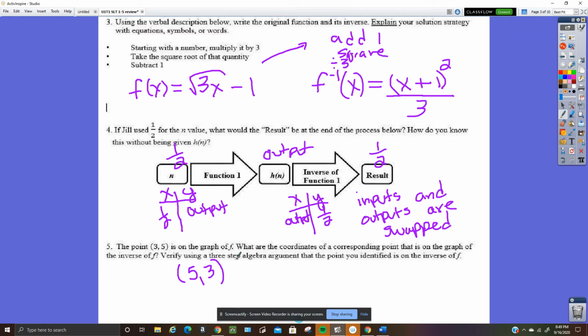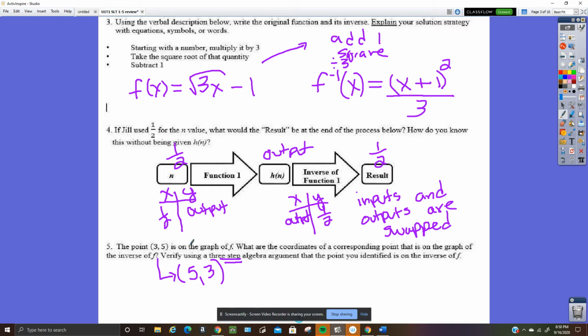I'm not going to do this, since we didn't go over this in class. The algebra argument would be that the line segment connecting these 2 points would be bisected.